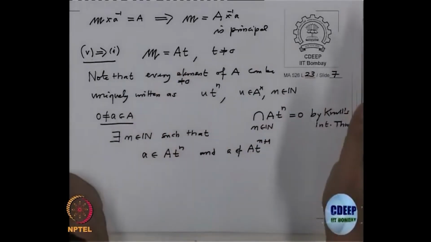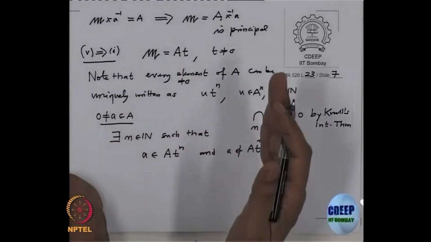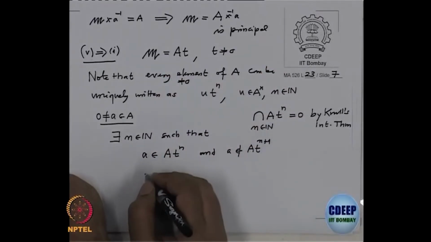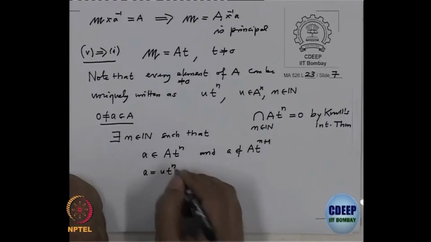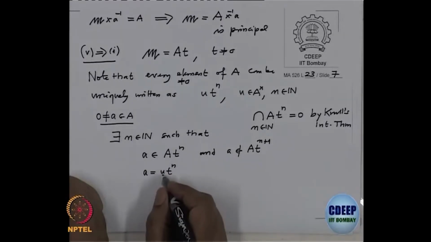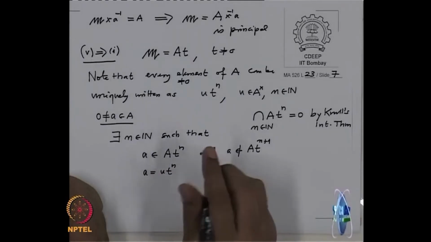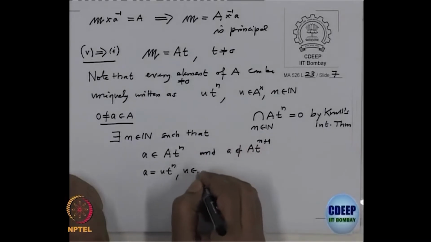It cannot belong to all the powers. So, you stop where it does not belong, just one step before that. Now, because of this, a you can write as some u t power n. Now, I want to check that this u is a unit and this n is unique, where u is in A.